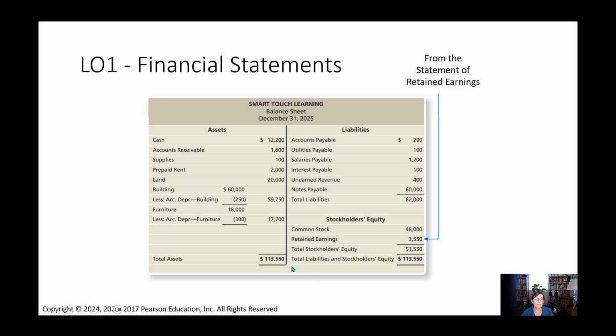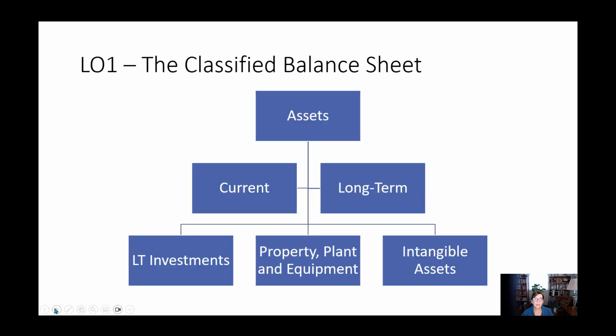And remember, our total assets have to equal our total liabilities plus our stockholders' equity. Here are all our liabilities. Here's our stockholders' equity. Now we're going to take a look at a classified balance sheet. So we're going to put a little more detail here. Before, we had assets, only assets, right? And now we're going to take our assets and we're going to break them up into current and long-term.